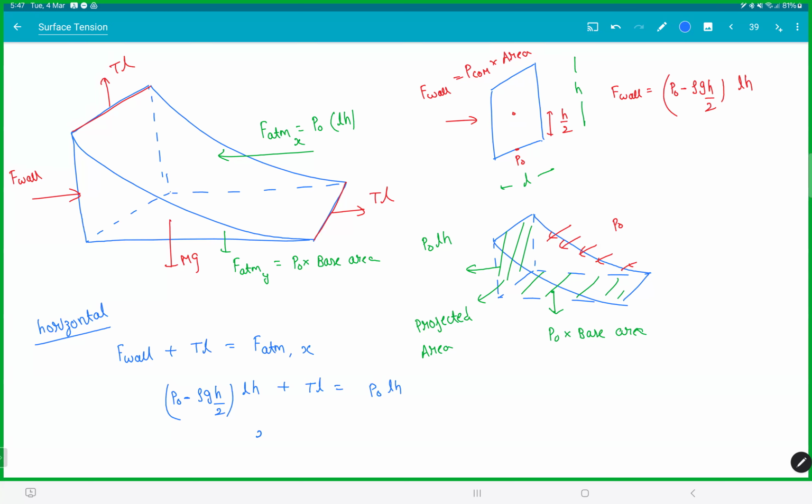L also will cancel. You'll end up with rho g h square by 2 minus plus T is equal to 0. We get h is equal to root over 2T by rho g. Check. That's your answer here.